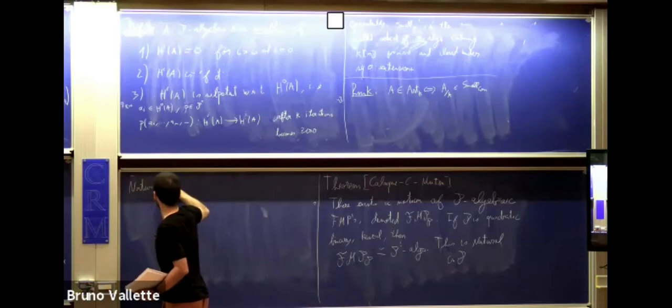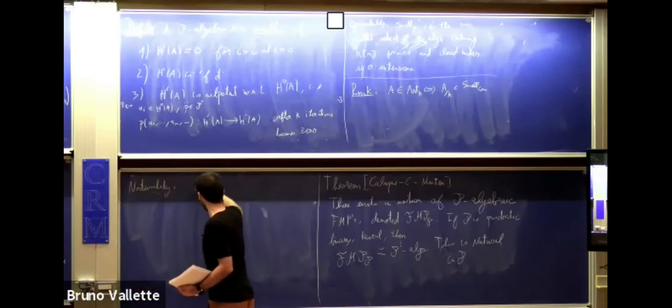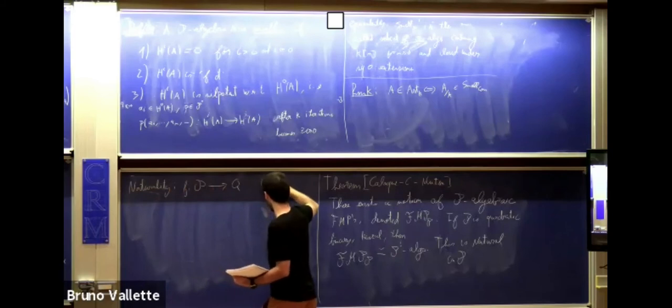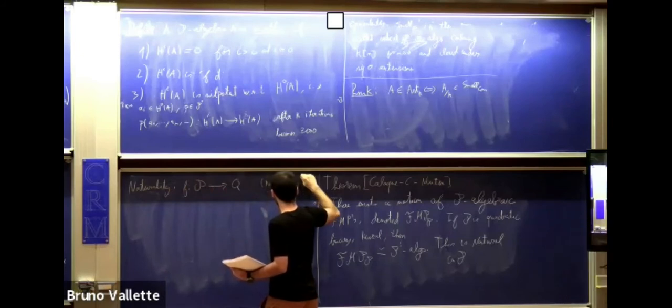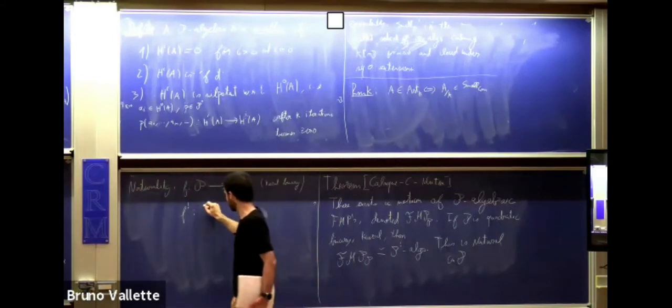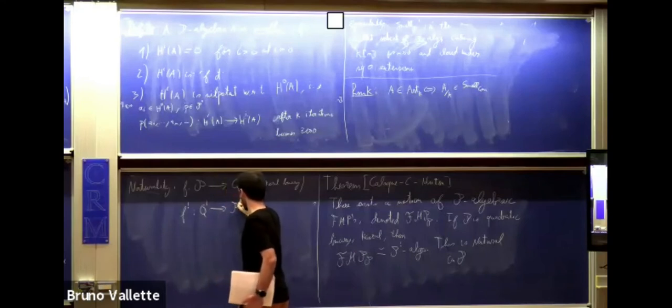By naturality, I just mean if I have f from P to Q, where everything is causal binary, then we have a map on causal dual operads that reverses the direction of this.